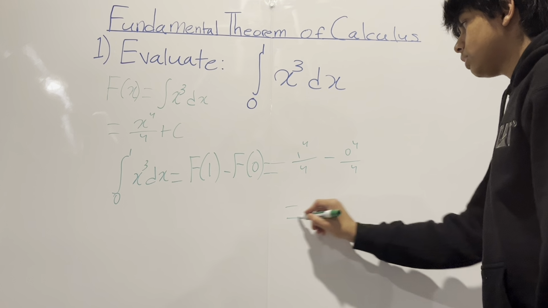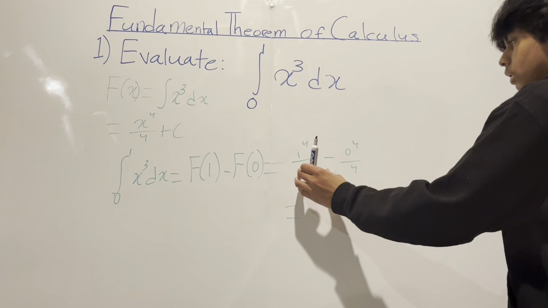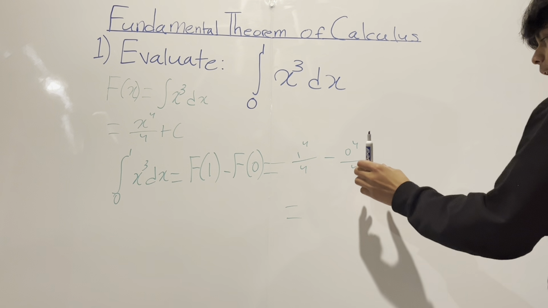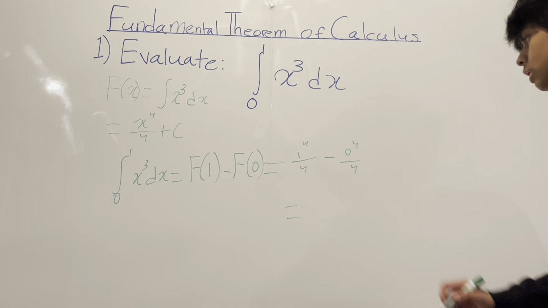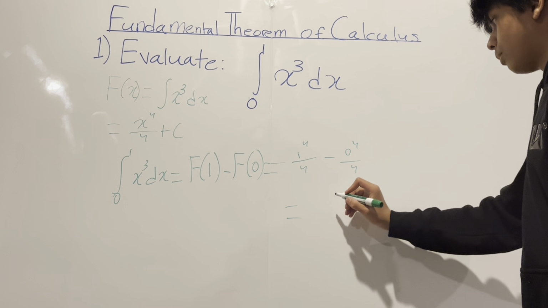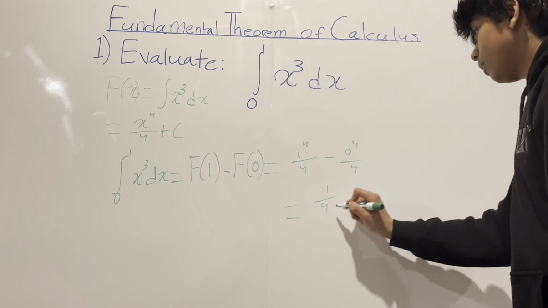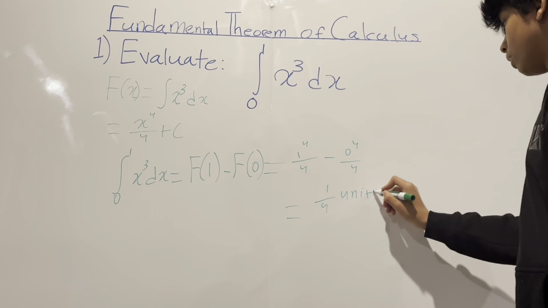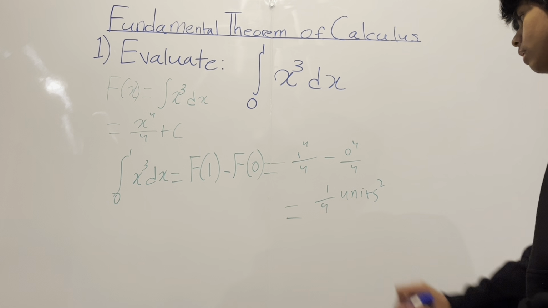Now if we simplify this, 1 to the 4 is just 1, divided by 4 is 1/4, minus 0 to the 4 is 0, and 0 divided by anything is always 0. So this just goes away, and we're left with 1 over 4. And since units aren't mentioned, we can just say this is units squared. And that would be our final answer.